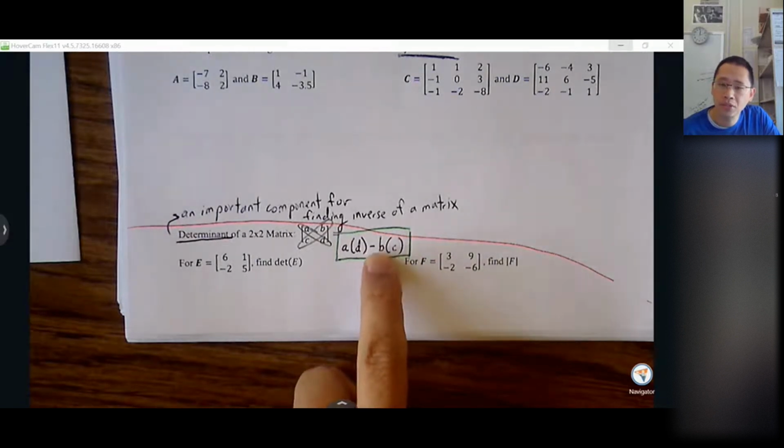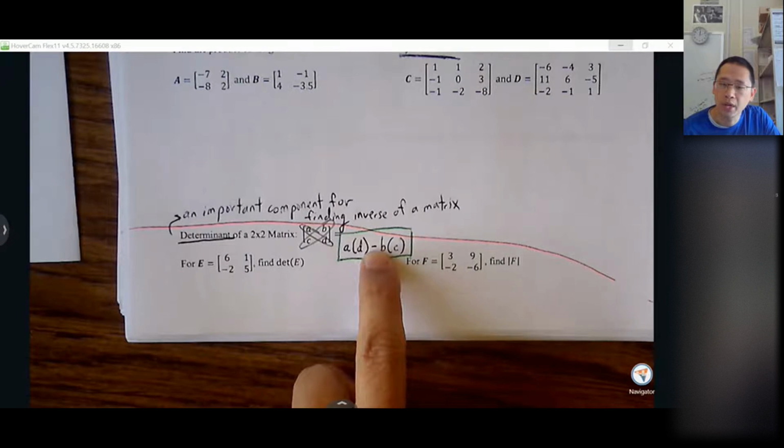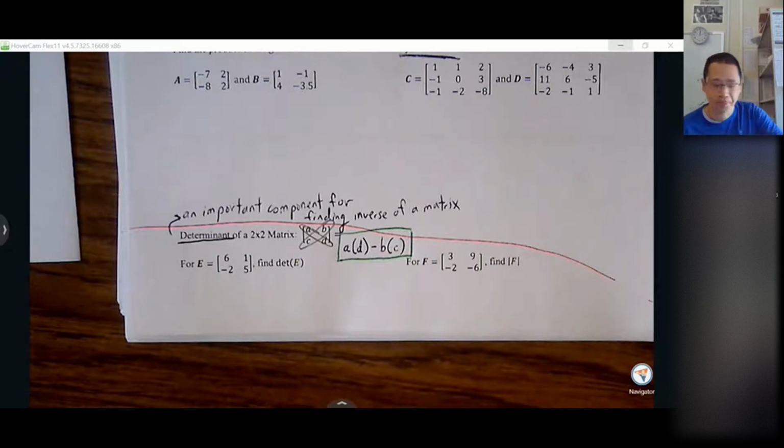So the negative here is separate from the B and the C value. If B and C produce their own negative, we don't want to assume that it's all just going to be negative. We've got to keep track of all of our negatives in our formula.